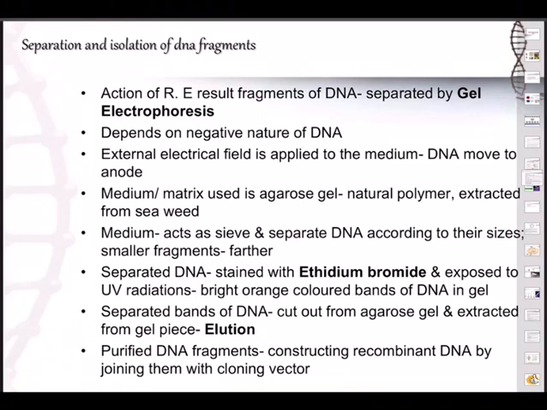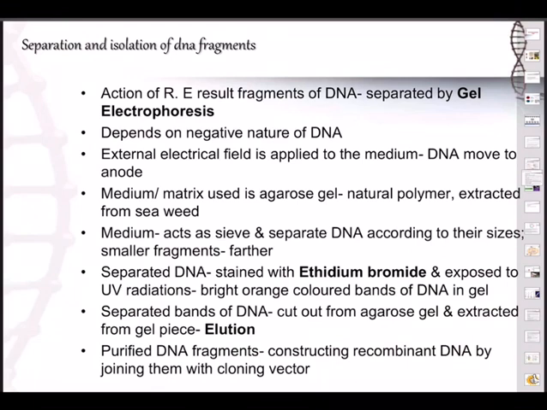So with that in mind, we were going to discuss gel electrophoresis, which is very important. And this helps us in making the gene of interest in more numbers. We can separate the DNA fragments through gel electrophoresis.